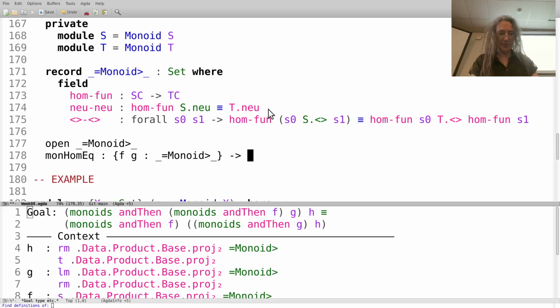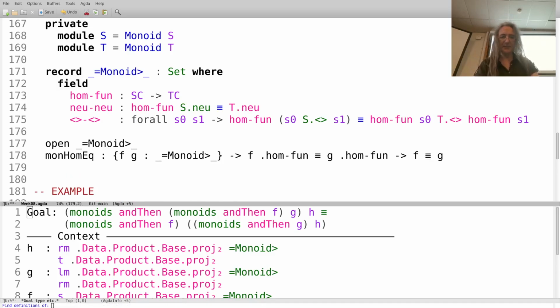Yeah, there's other rules. Right, so we want to say f dot confa equals g dot confa implies f equals g. Right.